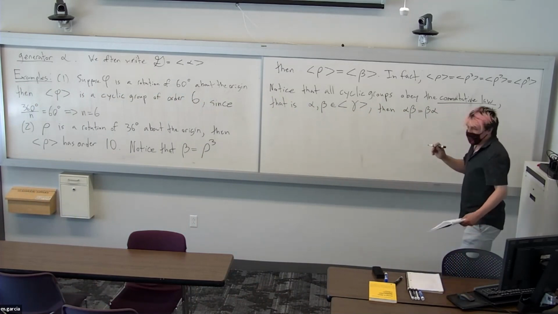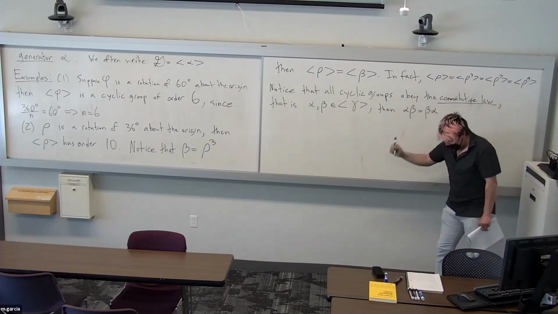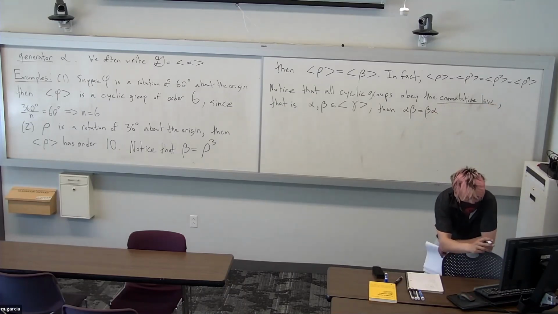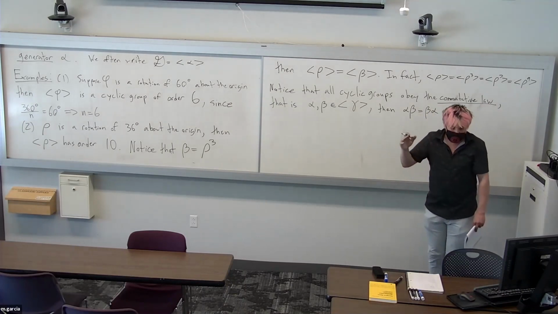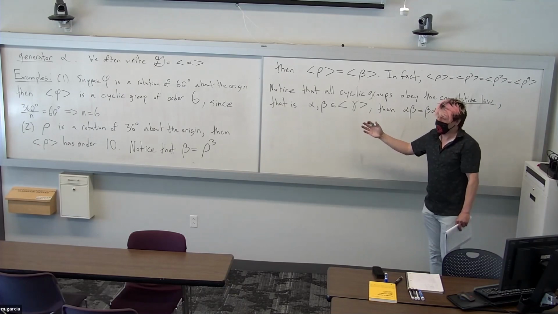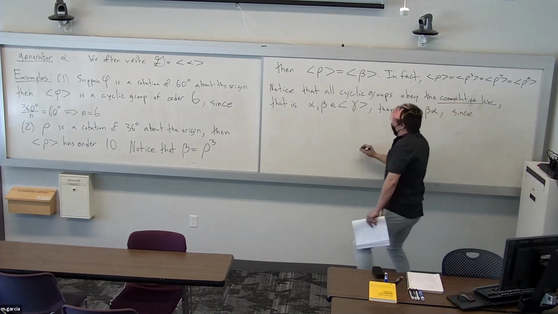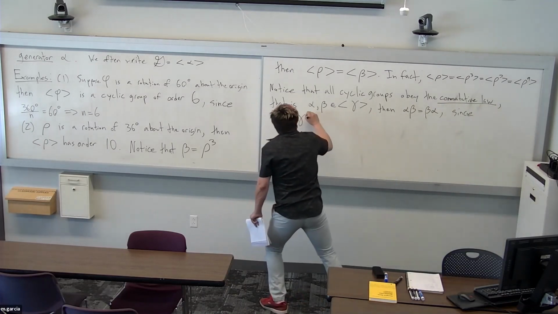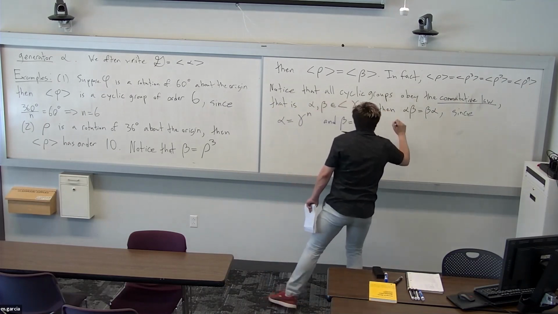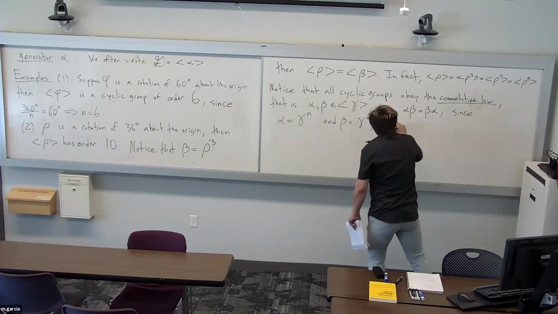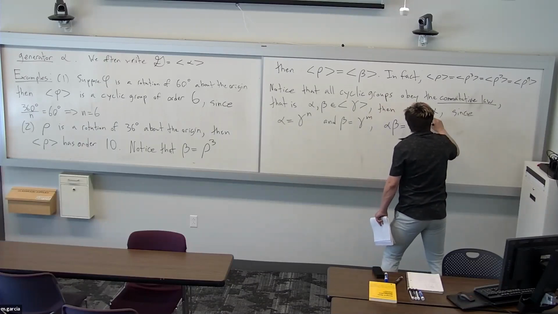Right. So remember, yes, thank you, Jordan. Jordan says they're each powers of the generator, right? Since alpha equals gamma to the n, and beta equals gamma to the m, alpha beta is just gamma to the n plus m.